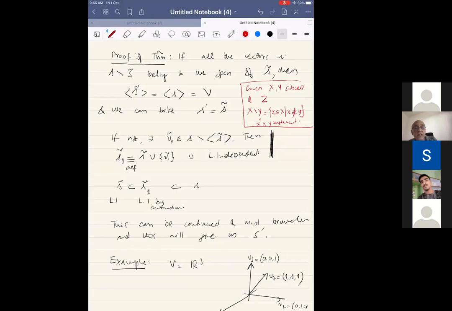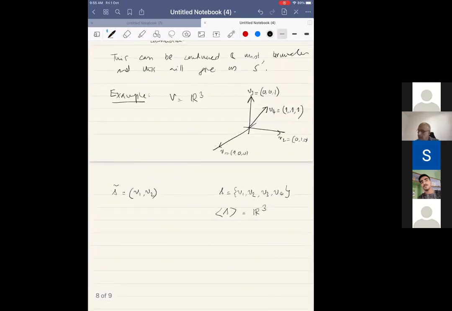Does that help, Shakti? Yes, sir. So very simply, S minus S tilde is elements of S not belonging to S tilde.